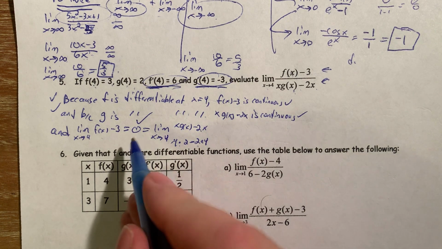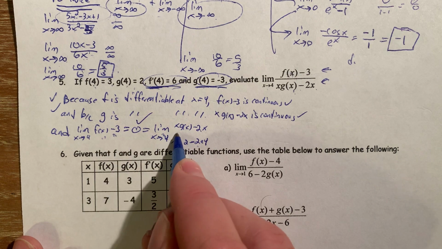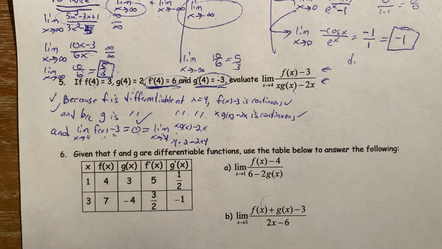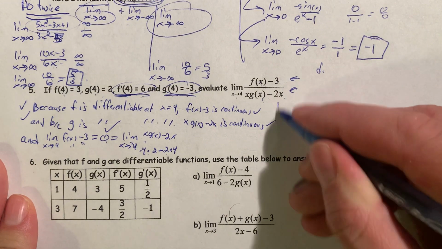Everybody said this part: the limit of the top is 0, the limit of the bottom is 0. But a lot of kids assumed that because it said it was differentiable, they didn't need to write that it was continuous. On the AP exam that year, you needed to have written that to get this point.